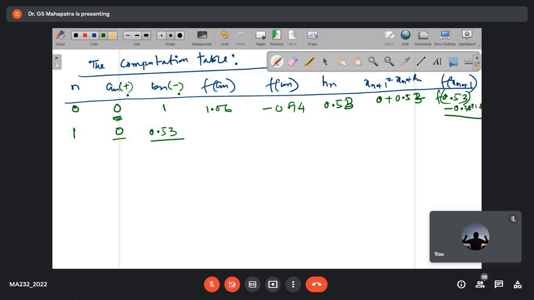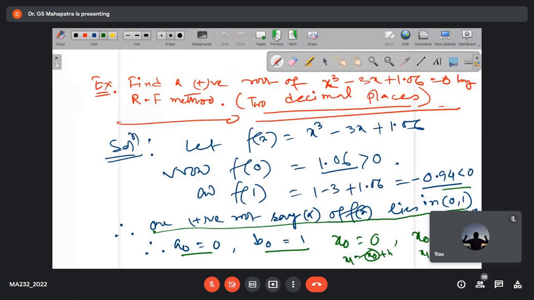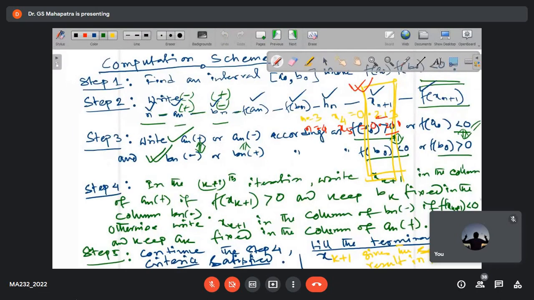So now xn is just 0.53. Fine. So this is the 0.53 in this case. In that case, f of xn plus 1 is negative. According to our previous step, just see which one should be replaced.